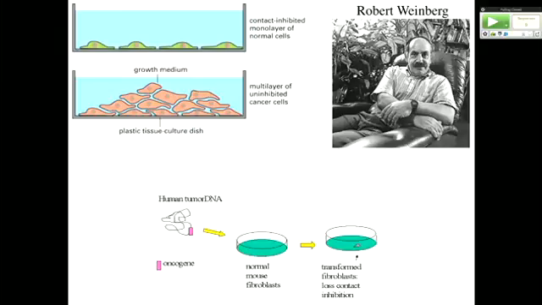He took cells from a human tumor and isolated the DNA from the human tumor. And he asked the question, if I transfect this DNA into normal mouse fibroblasts, can that expression of that DNA cause uncontrolled growth of those fibroblasts such that they become cancerous?